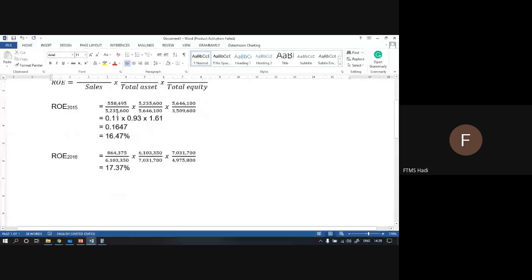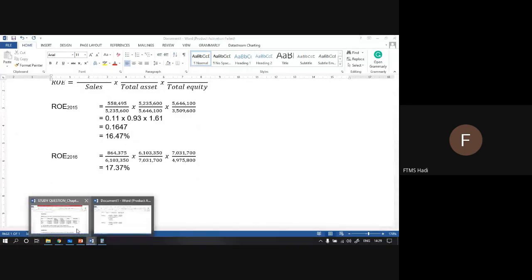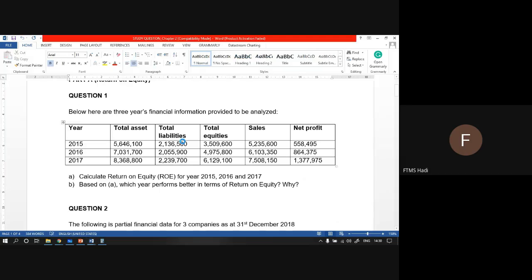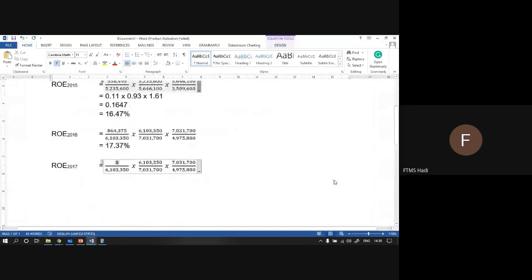Okay, now the last part in the question is 2017. So ROE 2017. Same formula, maybe I just copy and paste, and I just put the numbers. For ROE 2017, net profit divided by sales: 1377975 divided by sales.